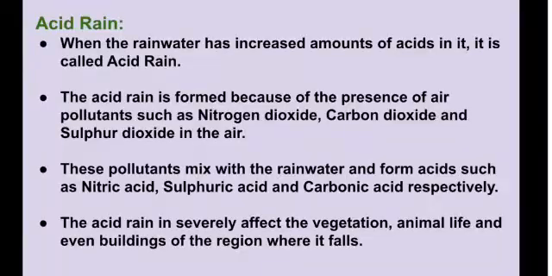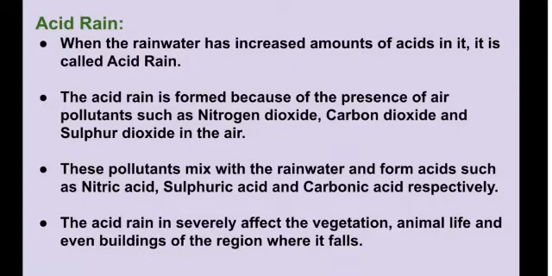Now we'll talk about acid rain. What is acid rain? When rainwater has an increased amount of acid in it, it is called acid rain. Acid rain is formed because of the presence of air pollutants such as nitrogen dioxide, carbon dioxide and sulfur dioxide in the air.